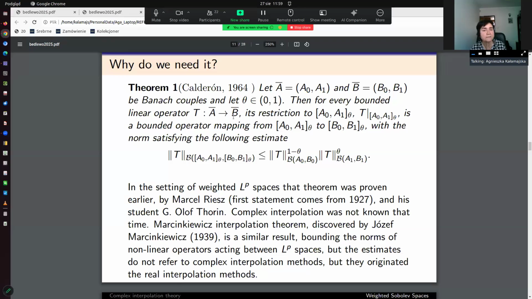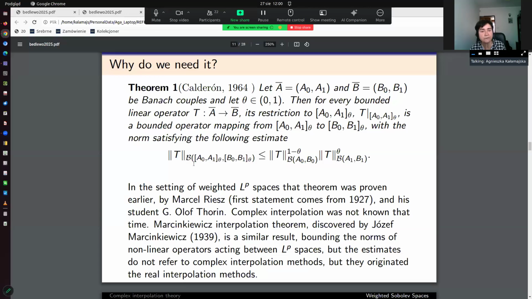Then the statement says the following. Consider such an operator and restrict it to the subspace, which is the intermediate space. Then T restricted to the complex interpolation space A0, A1, theta is a bounded linear operator from A0, A1, theta to B0, B1, theta with the following estimate.